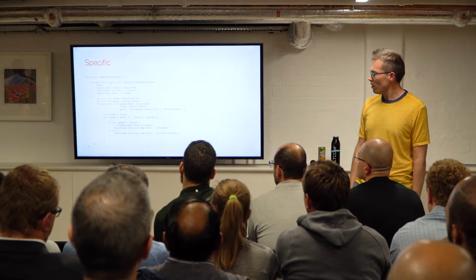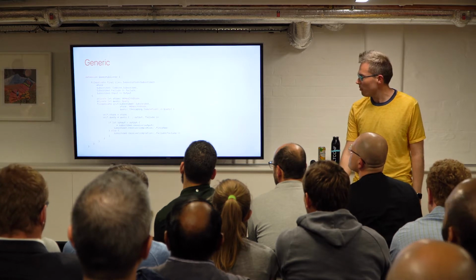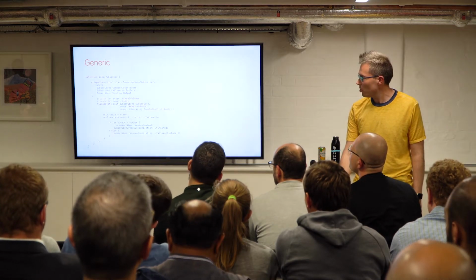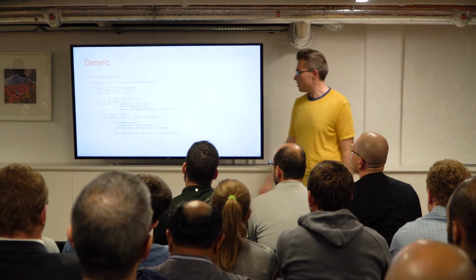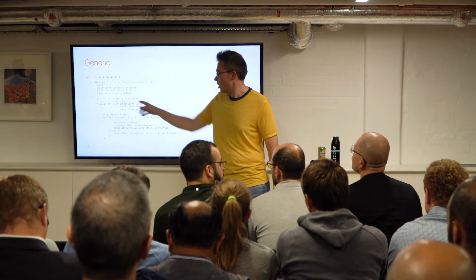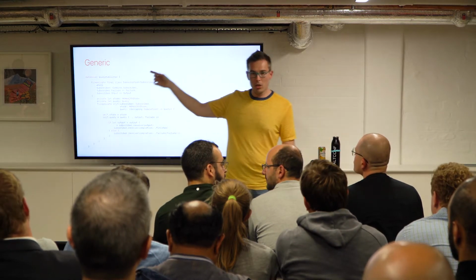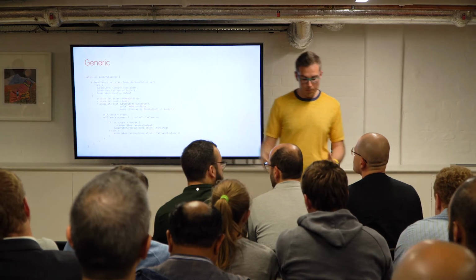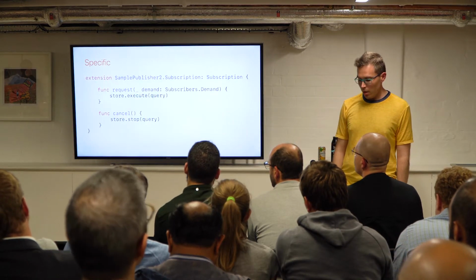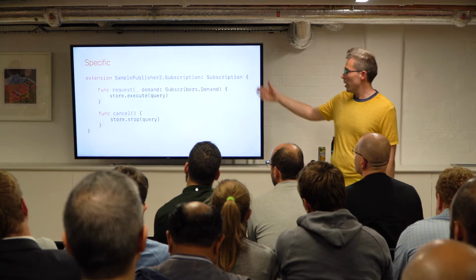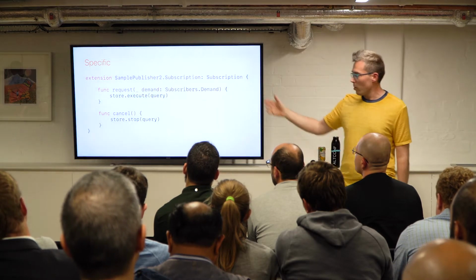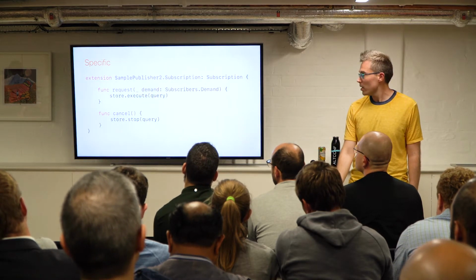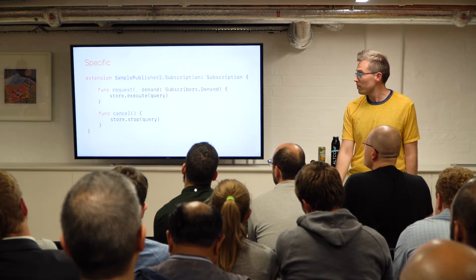Making the subscription itself, not much changes there either. We just have to define that the query type that we're going to use is the generic one, not a very specific sample one. And the subscription conformance here, when we're requesting and cancelling these things, there's no change there either.